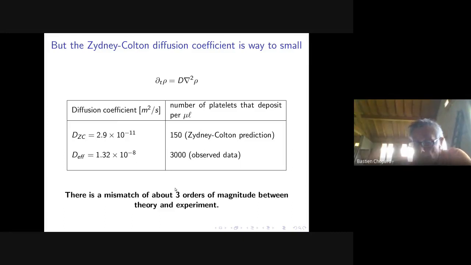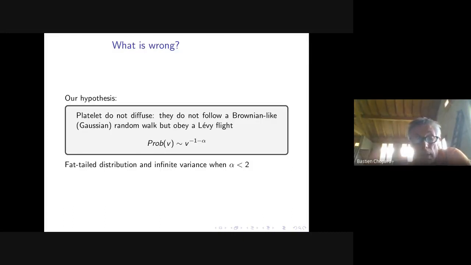And we started thinking about that for quite a long time. And we ended up with a hypothesis that actually platelets do not diffuse. They don't have a Brownian-like motion, which is a Gaussian type of random walk, but instead they obey this so-called Levy flight, which means that their velocity distribution goes like a power law, okay, which is this one.